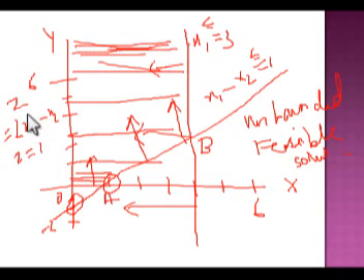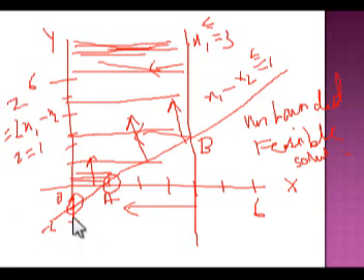And if we again put z equal to 1, to find where this price line meets the y-axis, we put x1 equal to 0, then x2 will be minus 1.